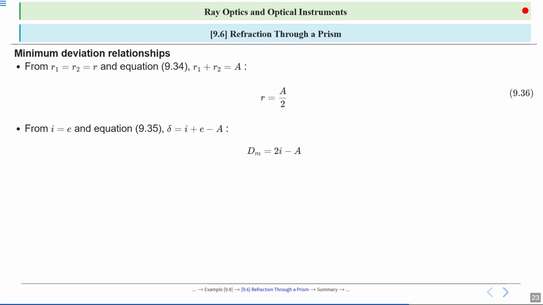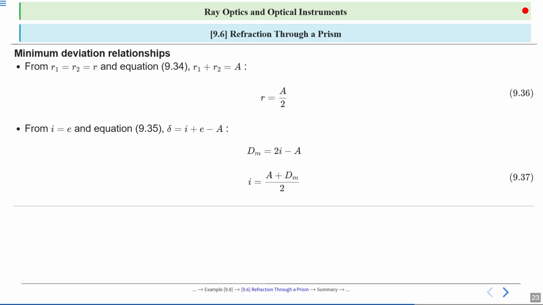In this case of minimum deviation, the deviation angle Dm can be expressed as Dm equals 2i minus A. This formula is significant because it allows us to calculate the minimum angle by which light is deviated as it passes through the prism, providing insights into the prism's optical properties.